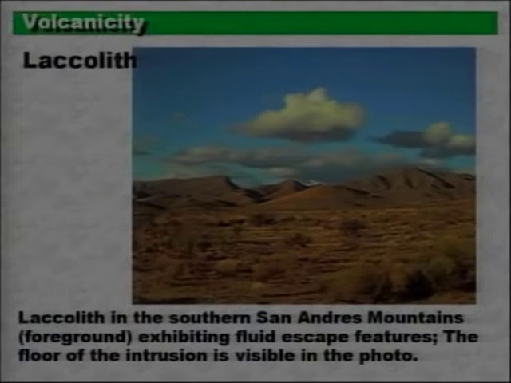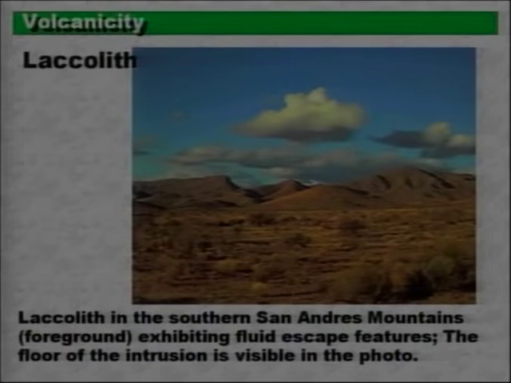Okay, we can see maybe a photograph now showing us an example of a Laccolith in reality. And here you have a Laccolith in the southern San Andreas Mountains. We have already looked at the San Andreas Fault, and along that region, you also have the southern San Andreas Mountains in the foreground, exhibiting fluid escape features, and the floor of the intrusion is visible in the photograph.